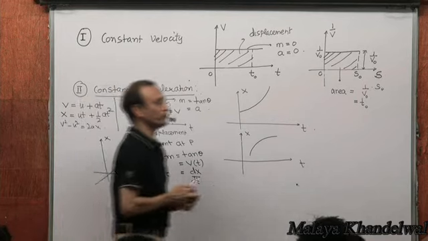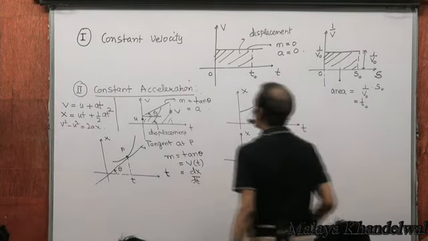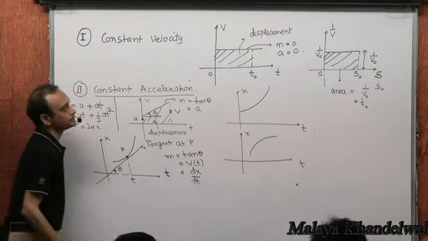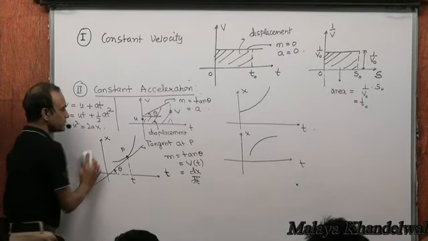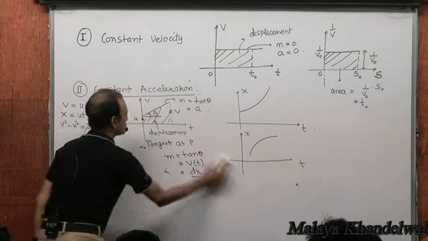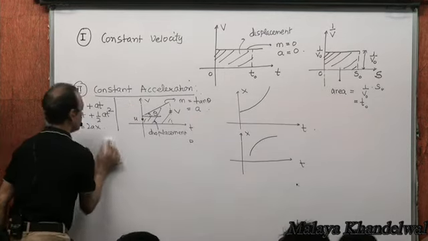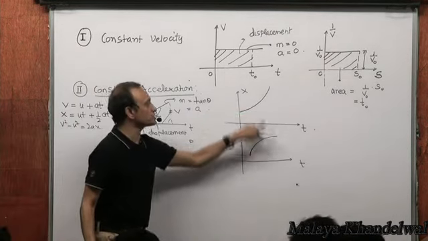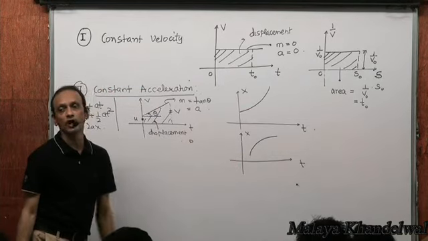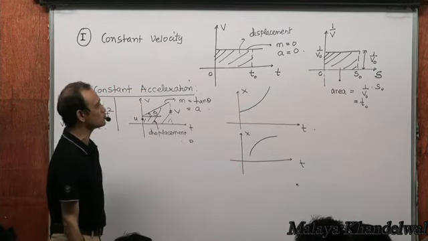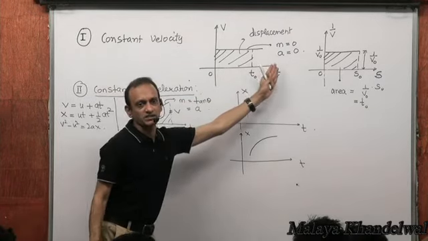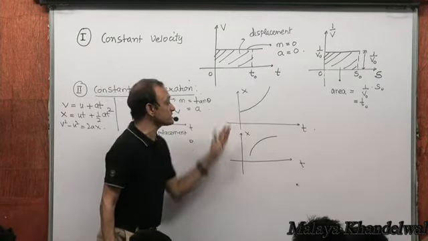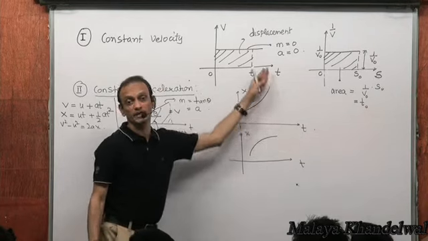Now, having said this, look at these two variations and let's try and understand what's the difference between these two graphs. Say again, for constant acceleration, like I said, displacement versus time is going to be a parabola.